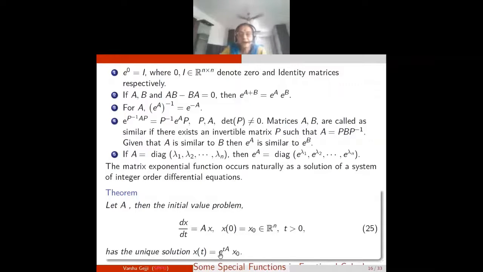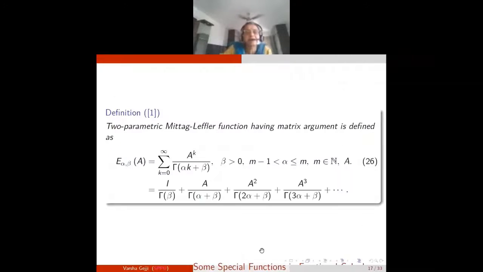So it has a unique solution in terms of e to the power tA times x0. So here comes the exponentiation of this matrix. So this is a very traditional and simple topic. Now when you generalize this, you first have to generalize the Mittag-Leffler function for matrix arguments.